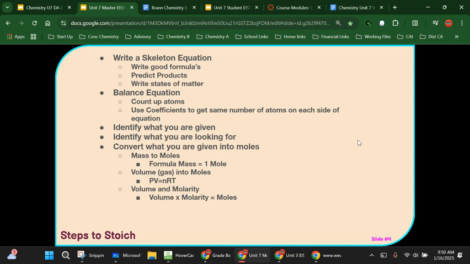You're going to be given mass that you will convert to moles using formula mass. You're going to be given volume of a gas that you're going to put into moles. You're going to use PV equals nRT. Or you are going to be given the volume and the molarity of a solution, in which case you take volume times molarity to get moles. That's what we're going to start talking about in a few minutes. But either way, you take what you're given and you get it into moles. Have to.